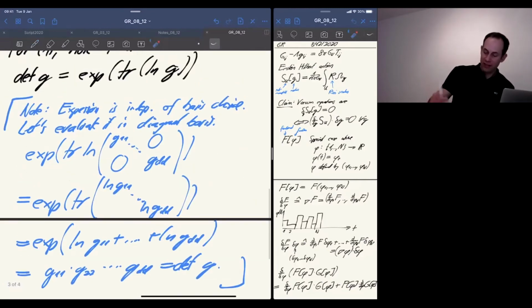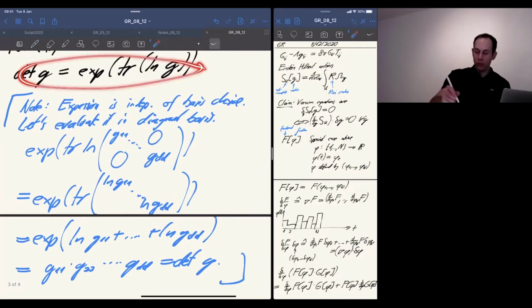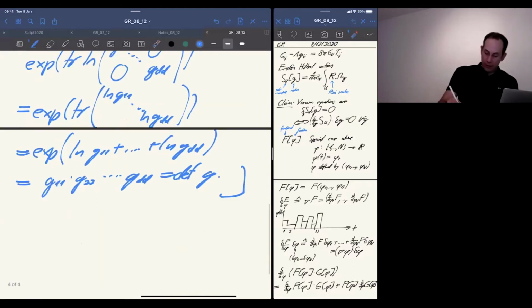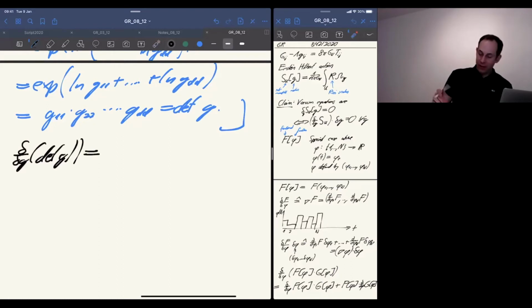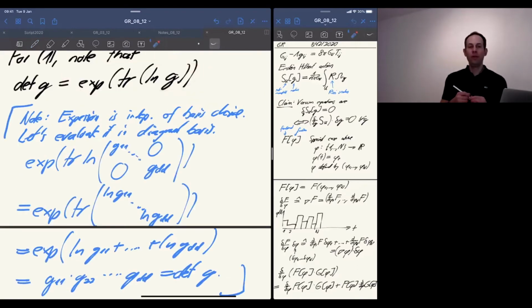Now, why do we need this expression here? This expression is useful when we vary. So let's just do that. What I want to do is to really calculate the variation of the determinant of G with respect to G. Now, if you look at this expression and apply the chain rule for derivatives, which I said also applies, then you first need to take the derivative of the exponent and just put the argument in again.